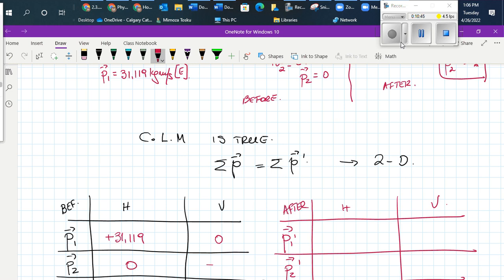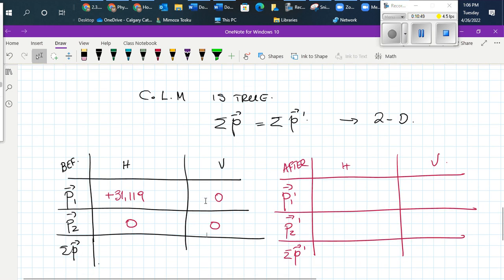So 0, 0. And notice here, we are doing the same thing as when we add two vectors together. By adding the horizontal components, we will have positive 31.119, and by adding the vertical components, we will have 0.